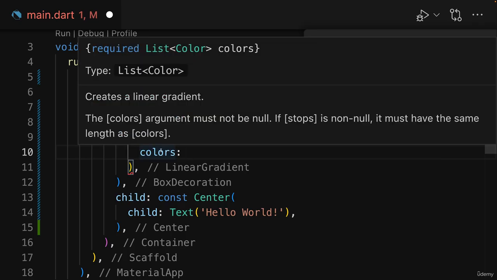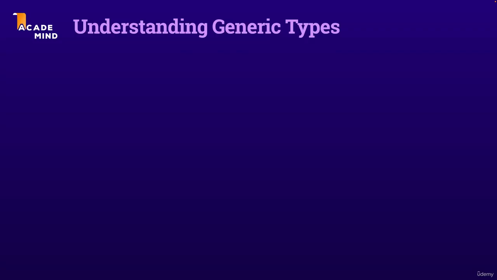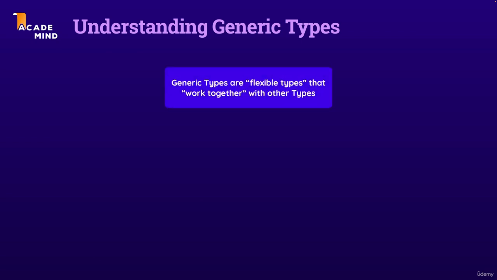Now these angle brackets which you see here in the type definition for this colors argument are some special Dart syntax which creates a so-called generic type. This is also something we'll see in greater detail throughout the course, but in the end, a generic type is simply a type that needs to work together with other types, but is flexible regarding which exact types can be provided.